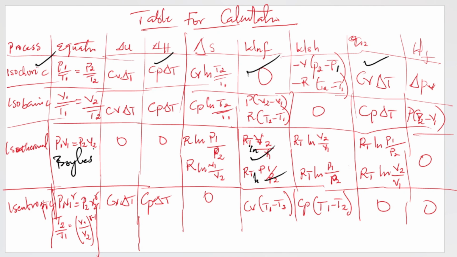Here we have temperature multiplying, but here we are not seeing temperature multiplying. If we use this formula, we calculate the change in entropy of the system. Now let's take the first formula, which is R ln P1 over P2. Now we simply have that our change in entropy will be R ln P1 over P2.